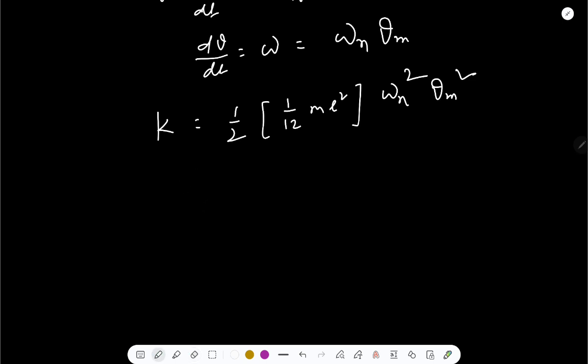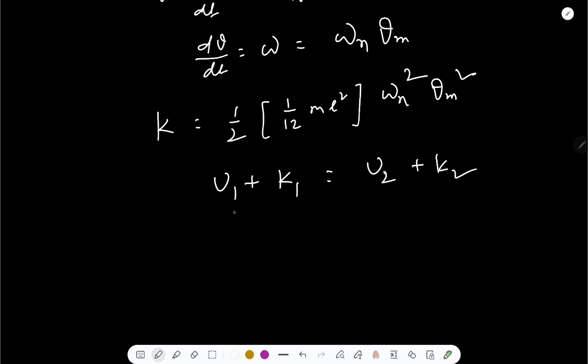You can write the equation for conservation of mechanical energy, that is kinetic energy plus potential energy at position 1 equal to potential energy plus kinetic energy at position 2.